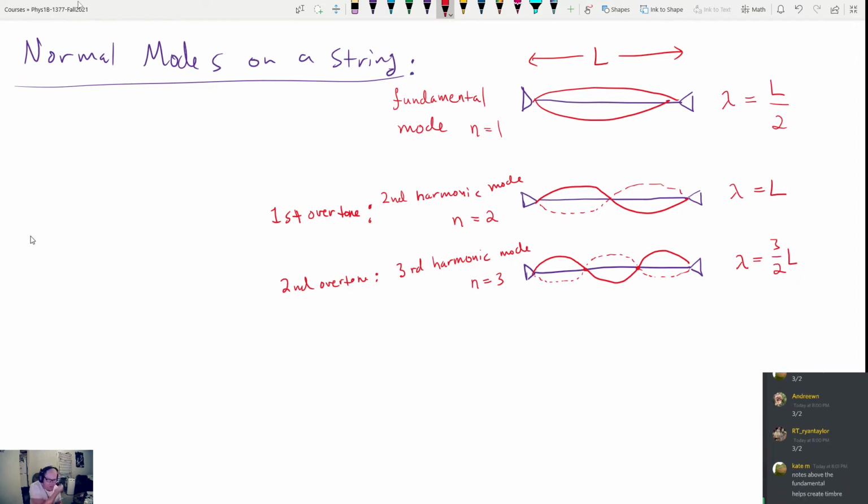It's notes above the fundamental. It helps to create timbre. Yeah, that's right. What's timbre? Can you say more about what timbre is, Kate? The unique sound of an instrument or a voice or something, right?